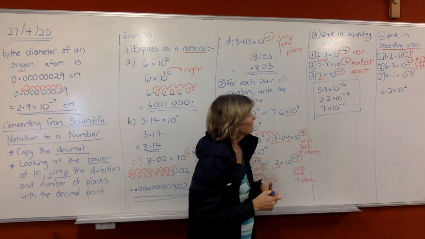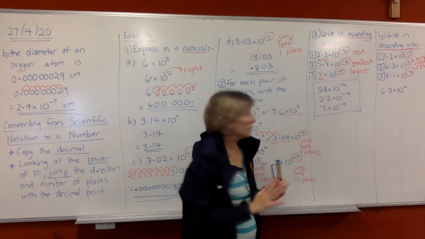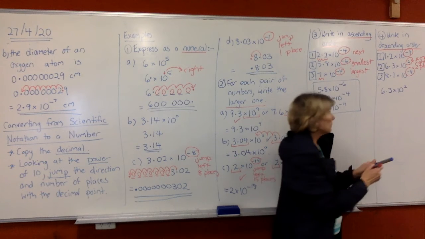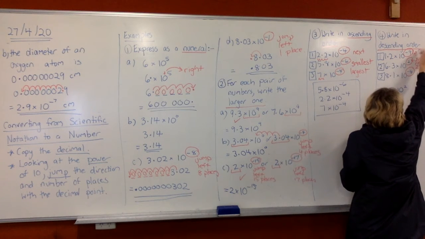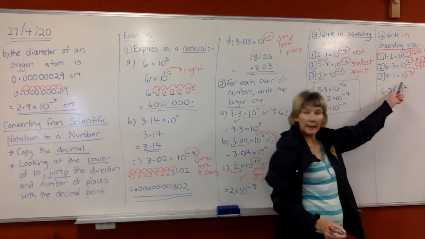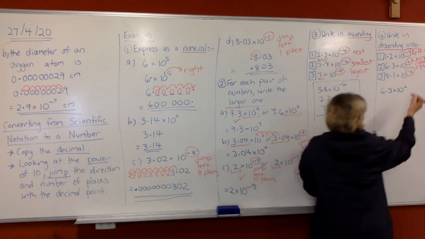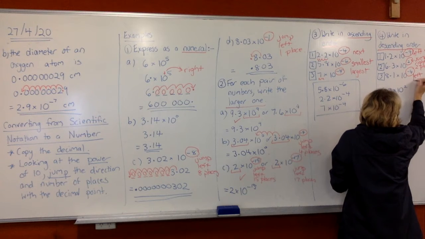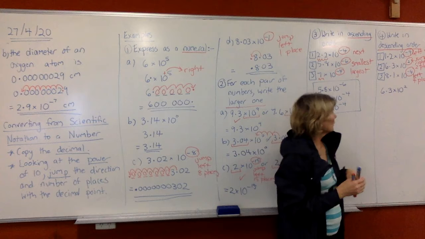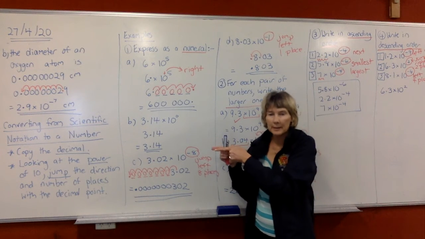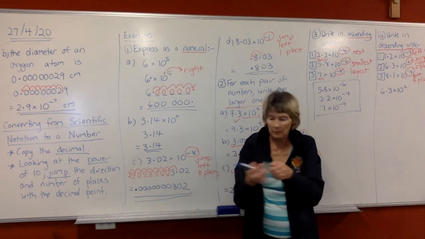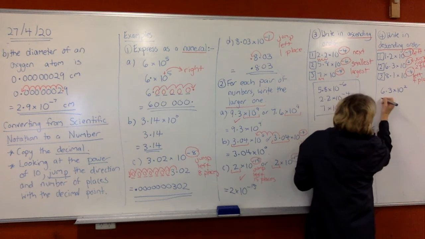Now the other 2, we've just got to look at how many jumps they're making. This one up here, we're jumping left 9 places. And this one down here, we're jumping left 4 places. So you can imagine if we only jump 4 places to the left, that's going to be our next biggest number. So we're going to write that one down next.